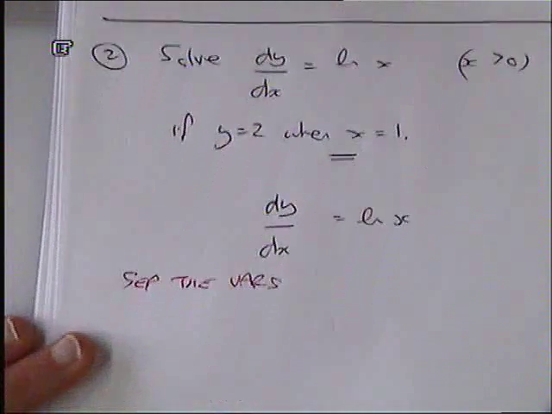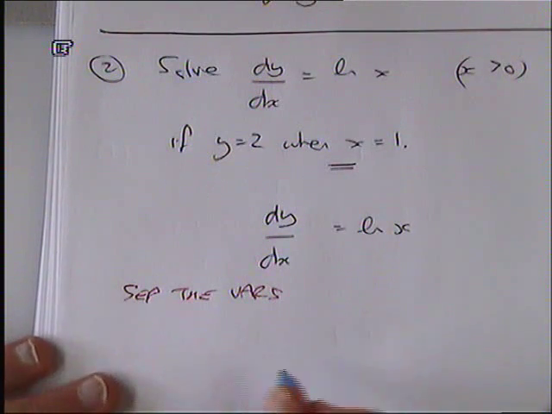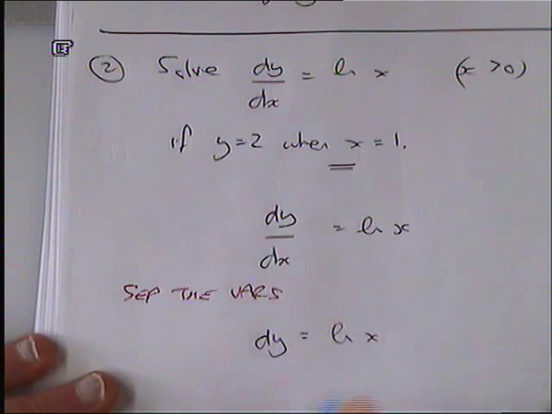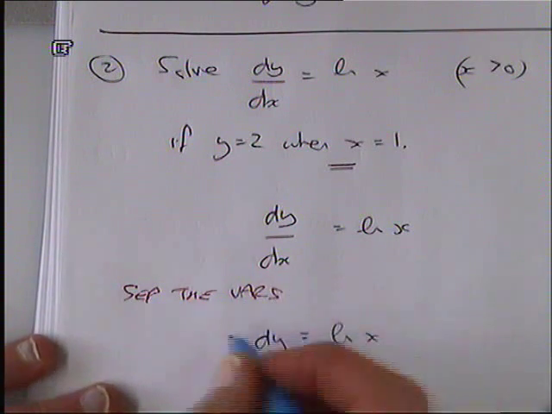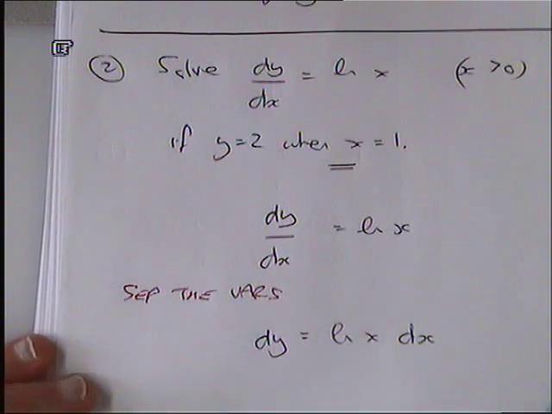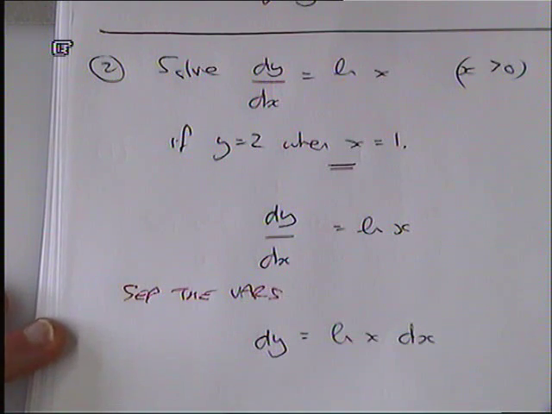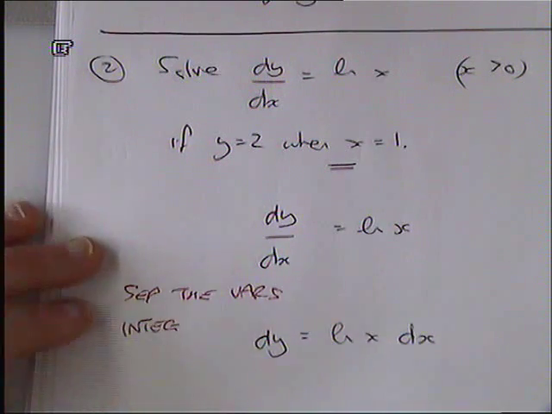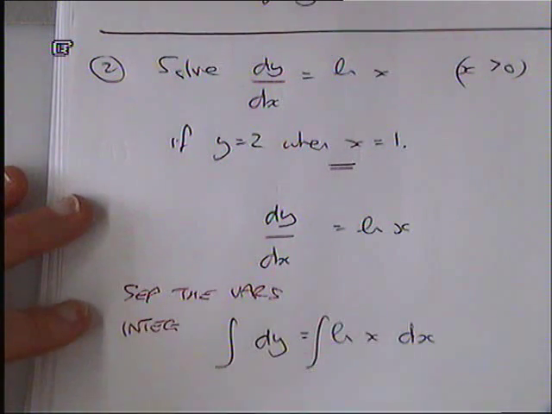So if we separate the variables, keep the dy where it is, keep the log x where it is, move the dx. It's dividing on one side, timesing on the other side, and then what was my second step? What was next after separating the variables? Integral sign, and then integrate, yeah. So I'm now integrating both sides.